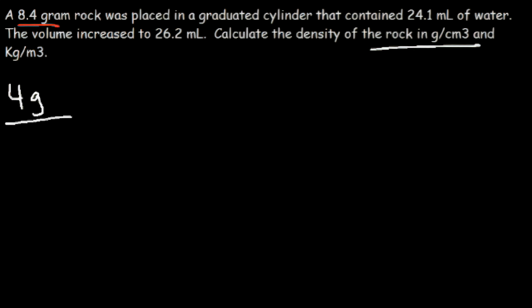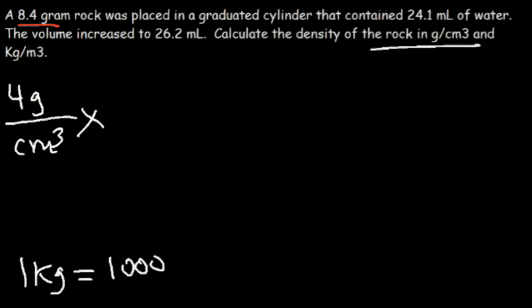So we need to convert it. What is the conversion between kilograms and grams? 1 kilogram is 1,000 grams. Kilo represents 10 to the third, which is 1,000. And 1 meter is 100 centimeters.